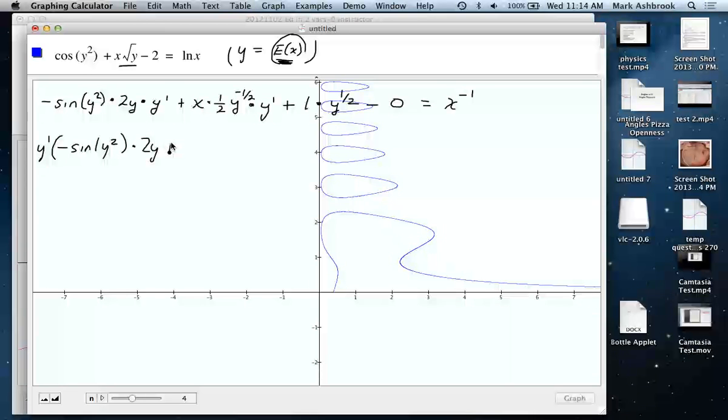Plus 1/2 x y to the negative 1/2, equals x to the minus 1 minus y to the 1/2.